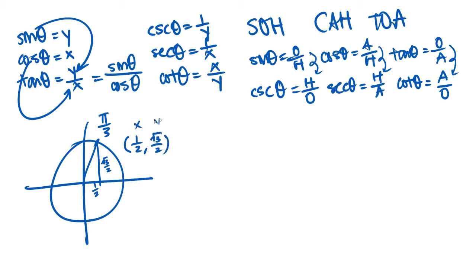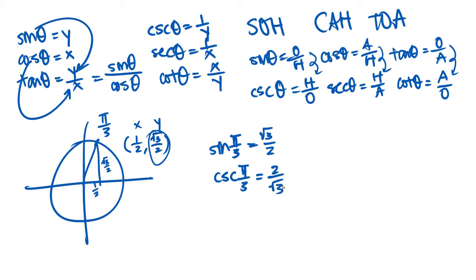This is the x, and this is the y. So the sine of pi over 3, sine is y, right? So it would just be square root 3 over 2. Now, cosecant of pi over 3 is 1 over y, so 1 over square root 3 over 2. So basically you're just flipping it, and it would just be 2 over square root 3.